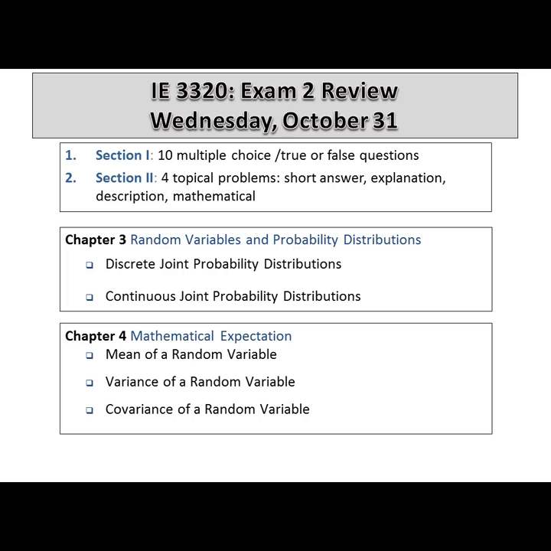For the material on mathematical expectation, from chapter 4 of your textbook, I only covered part of the chapter. The lecture focused more on the mean of a random variable, how to compute the mean, and how to compute the variance and the covariance.